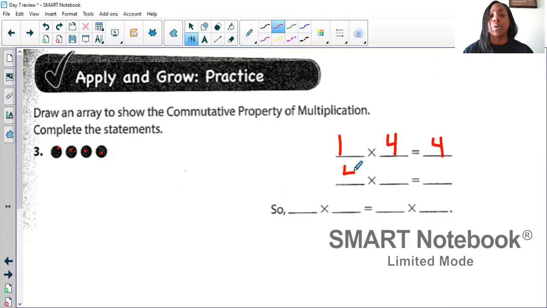I'm going to have 4 rows. And 1 in that row. So what is 4 times 1 again? 4. Ooh, that does not look like a 4. Let's try that again. 4 times 1 equals 4. So 1 times 4 equals 4 times 1.